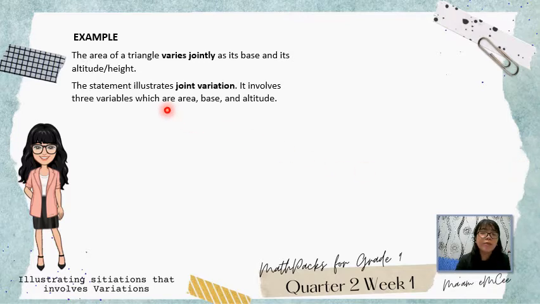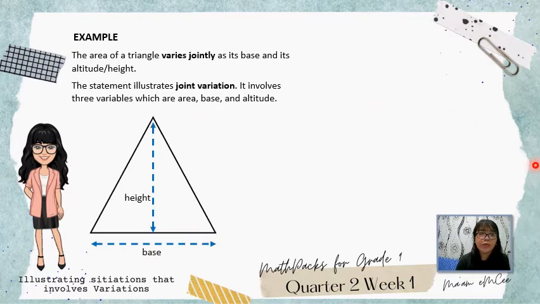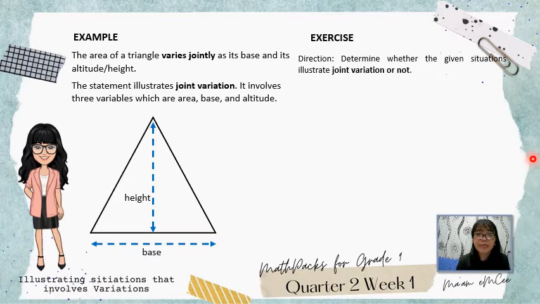So the statement illustrates joint variation. It involves three variables, which are area, base, and altitude. So this is our triangle. This is the height or the altitude of our triangle, and this is the base. So the area of the triangle will be based on the length of the height and the base of our triangle.